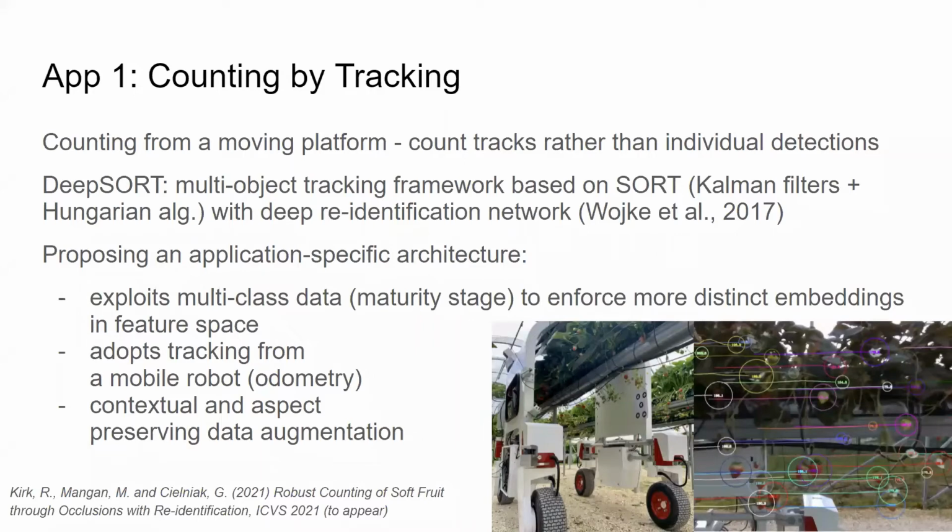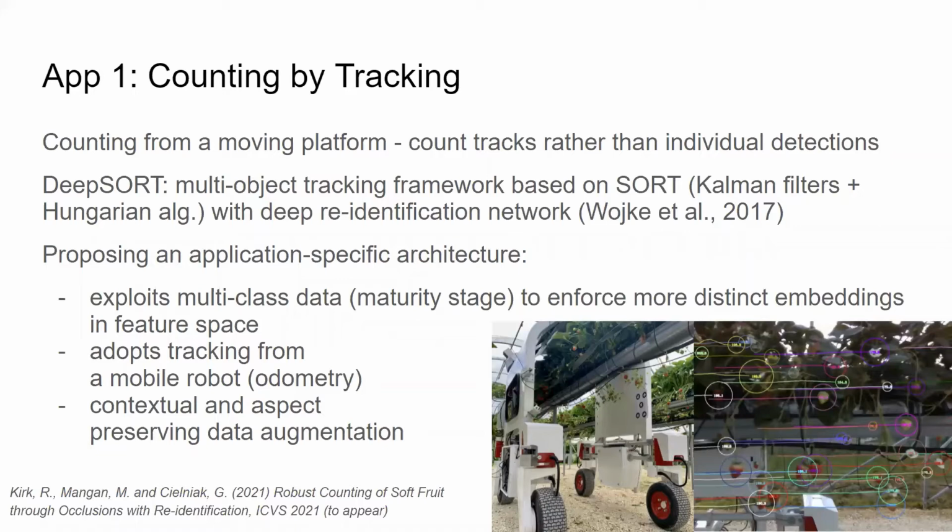And through tracking, you can utilize the information from multiple views without having to reconstruct the entire environment, and instead of tracking the detected objects, you count the number of tracks.